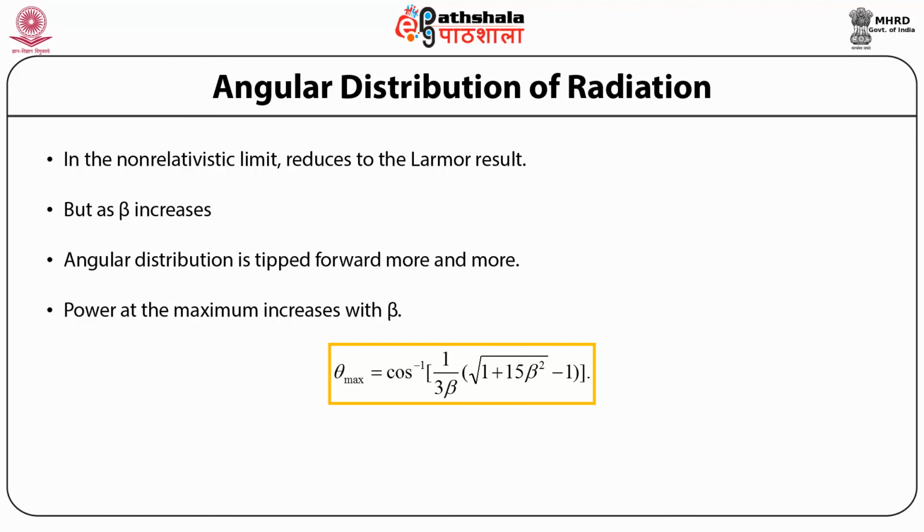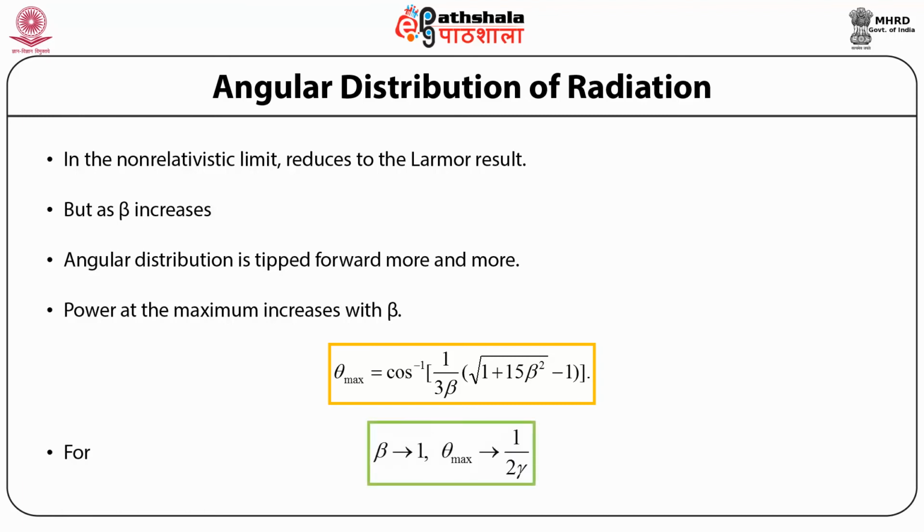The angle at which the intensity is maximum can be obtained by differentiating the above equation and equating to 0. So on putting cos theta equals u and differentiating with respect to u, we have theta max equals cos inverse of 1 divided by 3 beta into (under root of 1 plus 15 beta squared, minus 1).